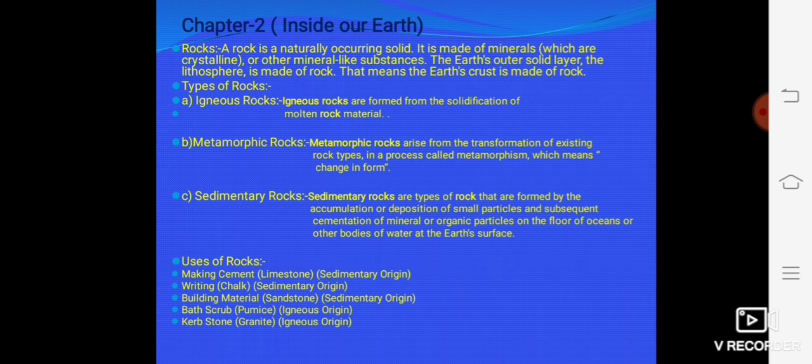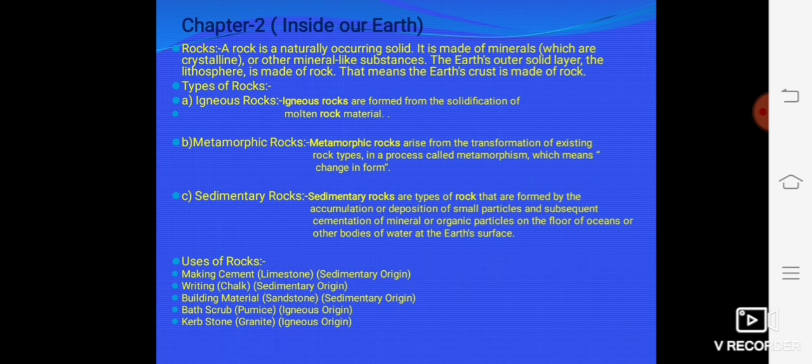Metamorphic rocks. Metamorphic rocks are formed by subjecting any rock type, sedimentary rock, igneous rock, or another older metamorphic rock, to different temperature and pressure conditions than those in which the original rock was formed. This process is called metamorphism, meaning to change in form.